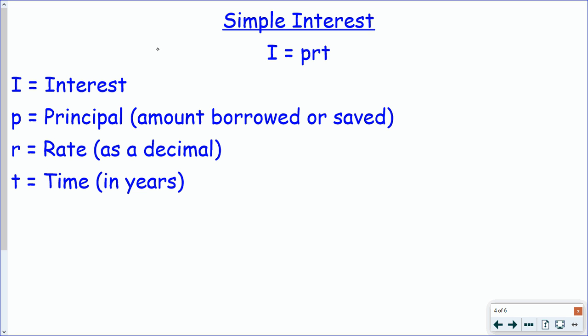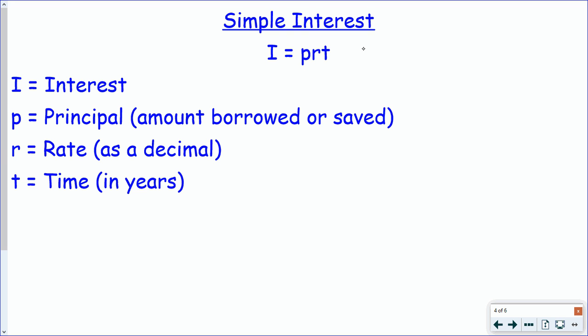So for instance, if you borrow money from the bank, you have to pay the bank back the money plus interest. So it's a fee that you're paying the bank because they loaned you money. The flip side of that is if you put money in the bank and leave it there in a savings account, the bank will pay you interest for having your money in the bank. Okay, so interest can go either way.